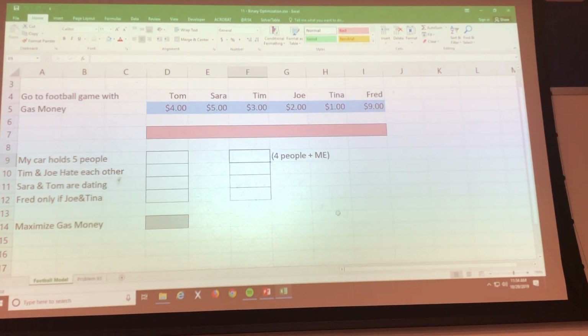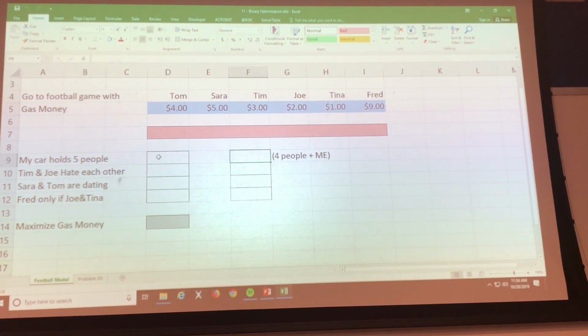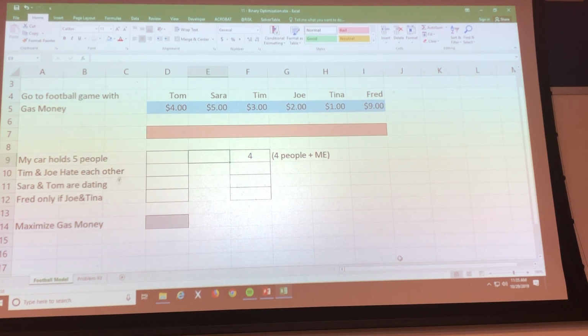Compare something to something. Less than or equal to 5. Well, actually less than or equal to 4, because we're going, and so only 4 of the other people can go. But what's less than or equal to 4?